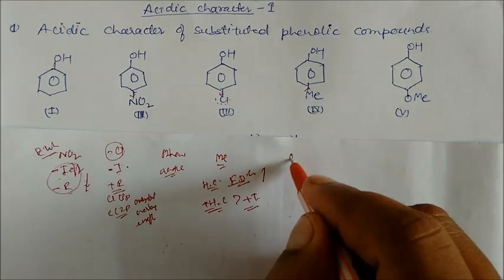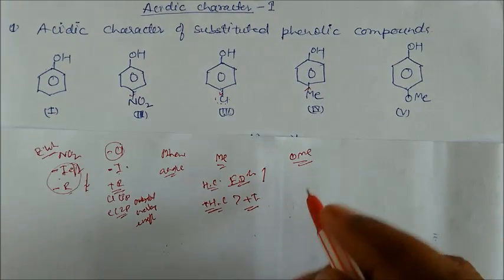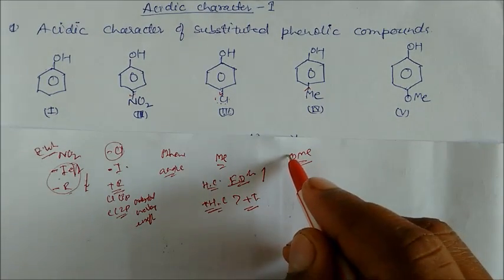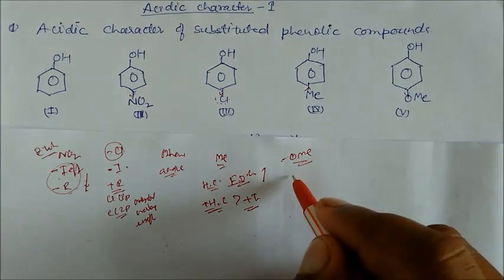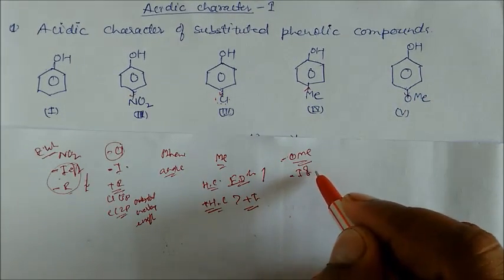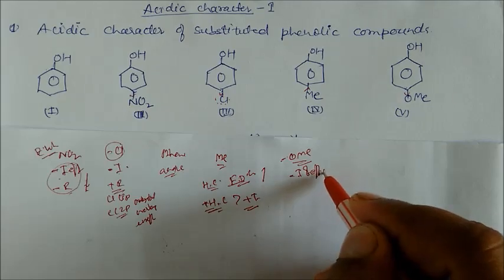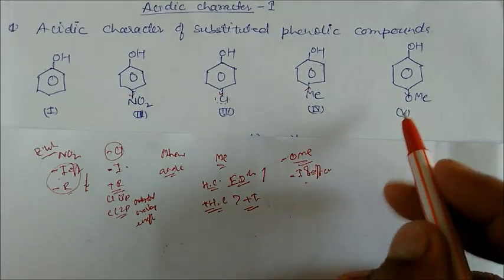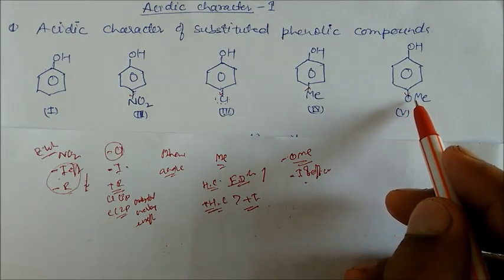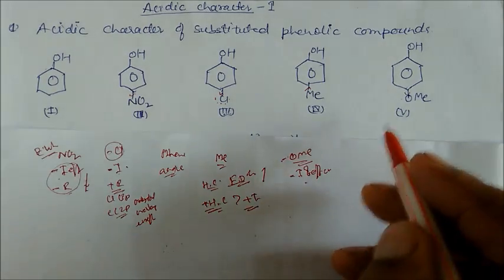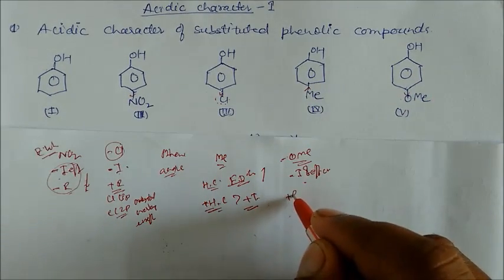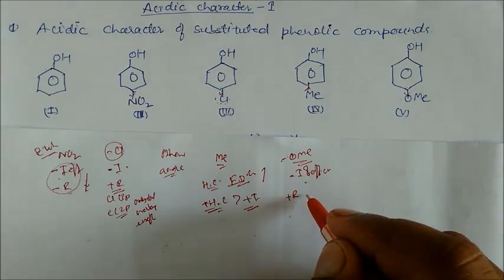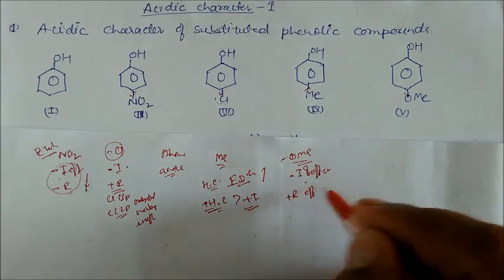If you take OMe, in case of OMe, due to oxygen they will withdraw electrons, so they have a minus I effect. But oxygen has a lone pair, so they will again donate electrons to the ring, so they have a plus R effect in the ring.